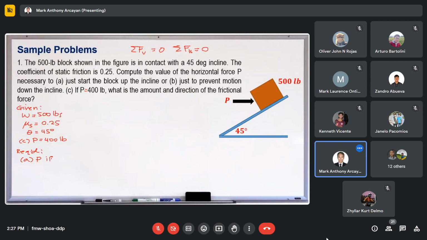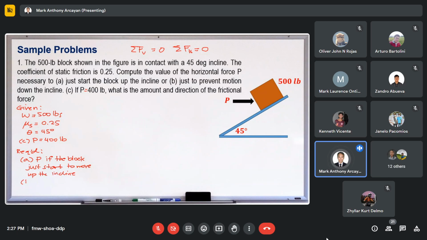if the block just starts to move up the incline. Up the incline.